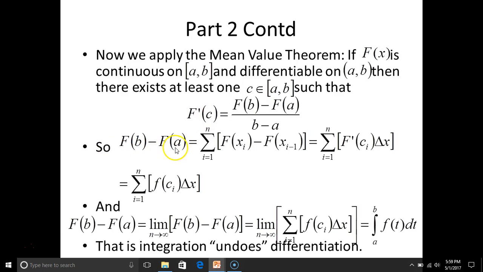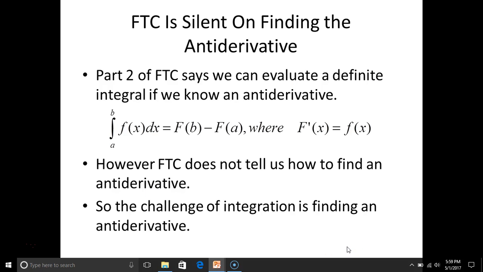So we can write these differences as this derivative times delta x, or little f of c times delta x, because F prime is nothing more than f. Then we have what we wanted to prove, that all these little summations are exactly what we want. Therefore, we have shown that integration undoes differentiation.